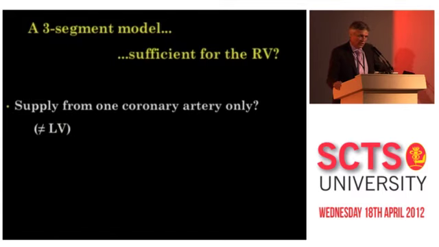So, the question is, is a 3-segment model sufficient for describing pathologies of the right ventricle? One might argue that there's only one coronary artery for the right ventricle compared to 3 coronary arteries and many branches for the left. That's not quite true.